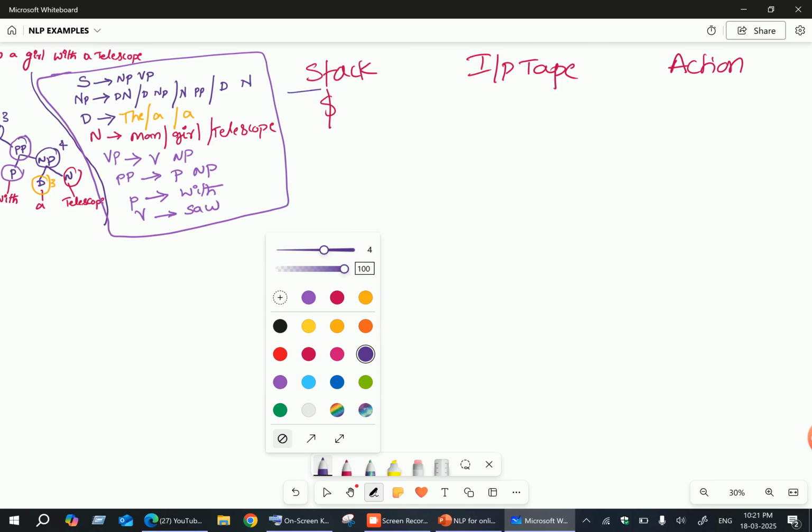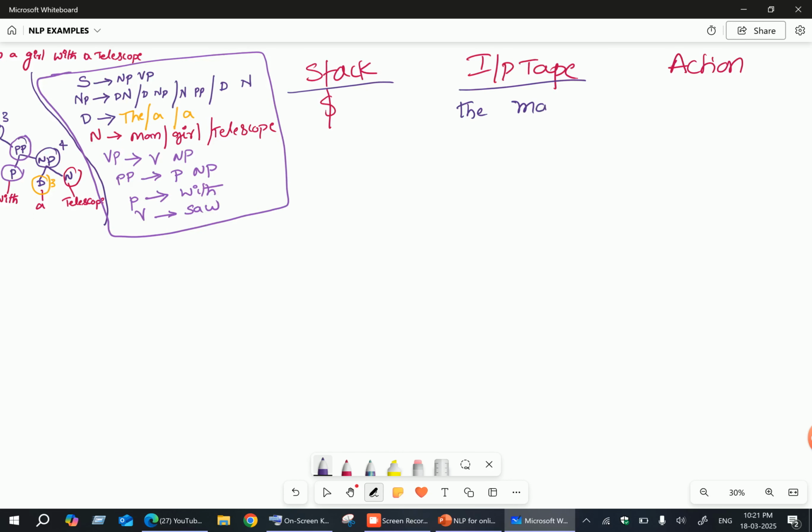The input tape is what we are given: the man saw a girl with a telescope, right? This is our grammar, and with symbol.